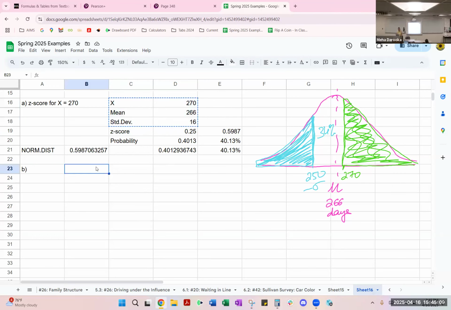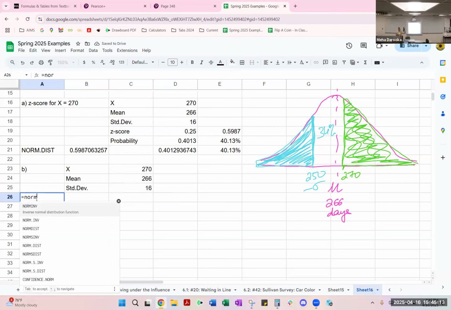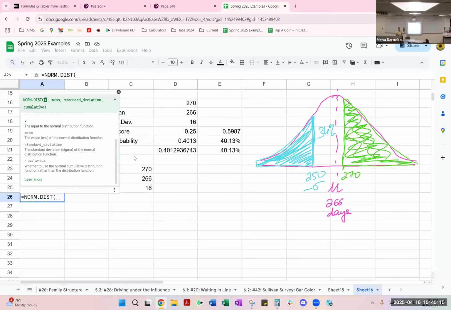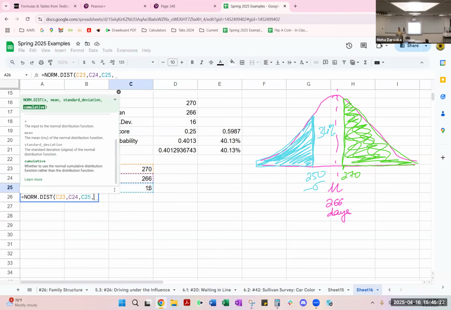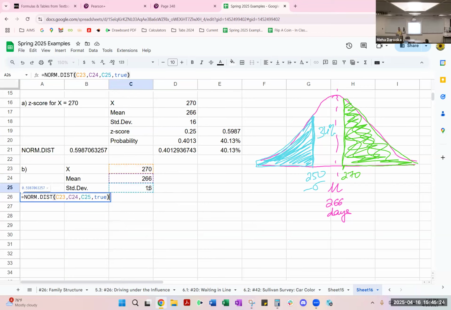But just to show you again with the built-in function, let's do norm dot distribution, so equal to norm dot dist, and our x value, actually, I need to change that, sorry. Mean, standard deviation, and then mean. So let me just change that 270 to 250.